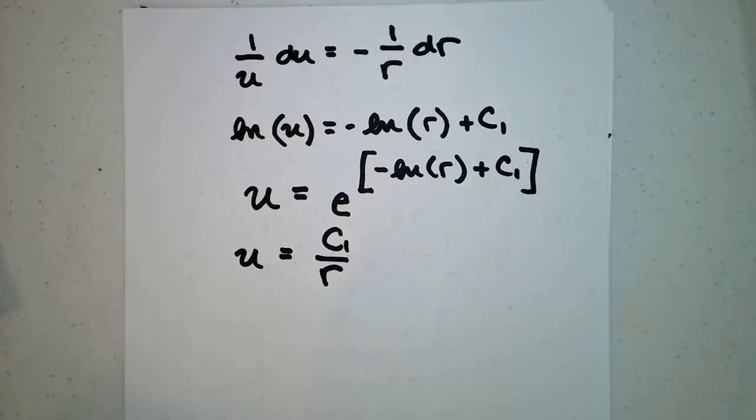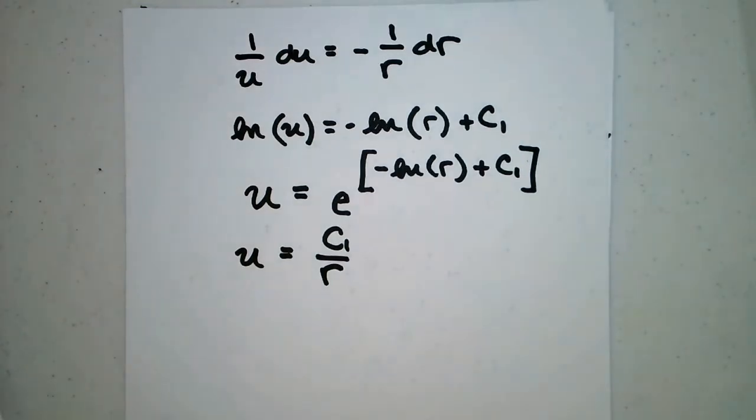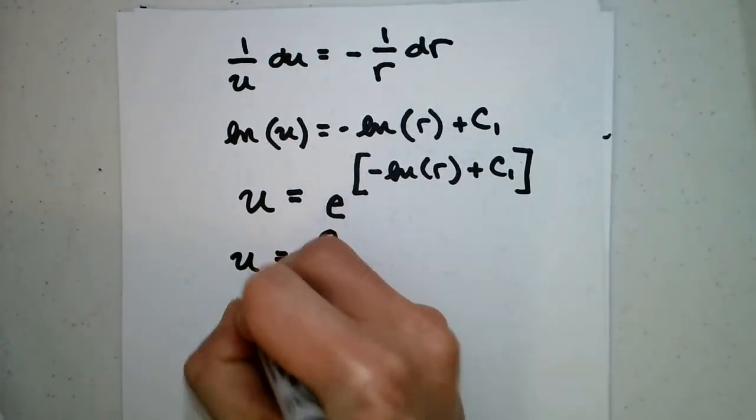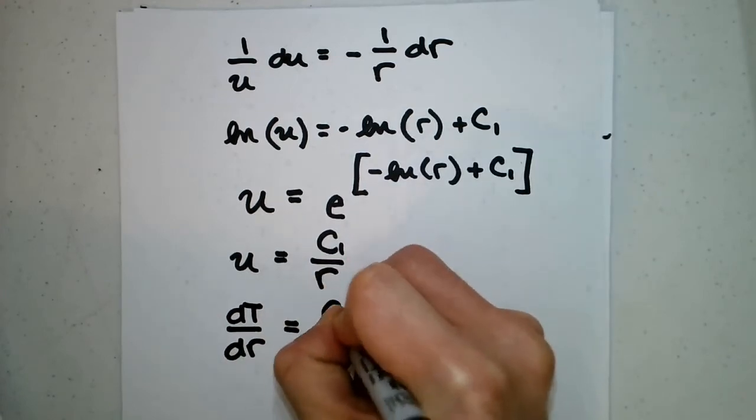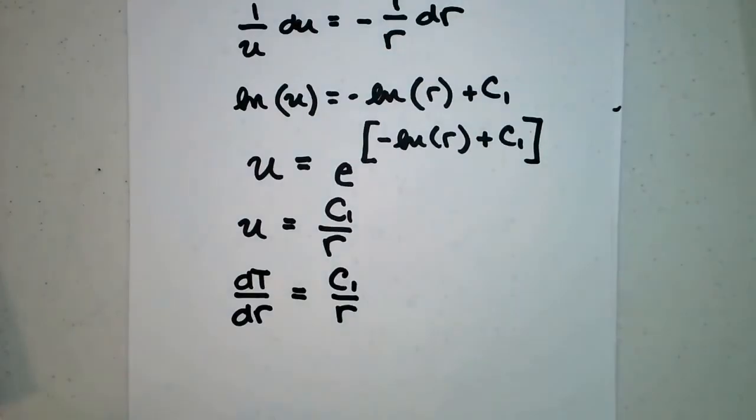All right, so we have u equals c1 over r. Let's see where we started with. We need to make a substitution. We let u equal dT/dr. So dT/dr equals c1 over r.